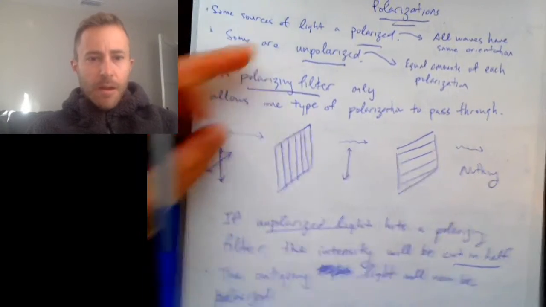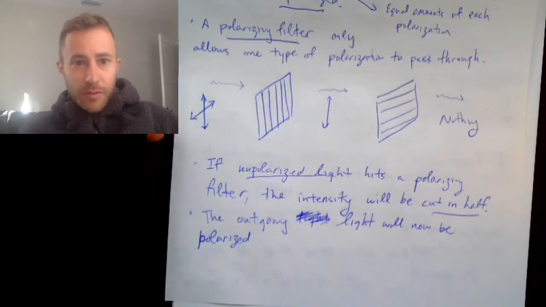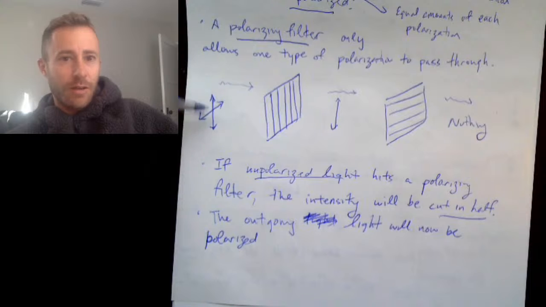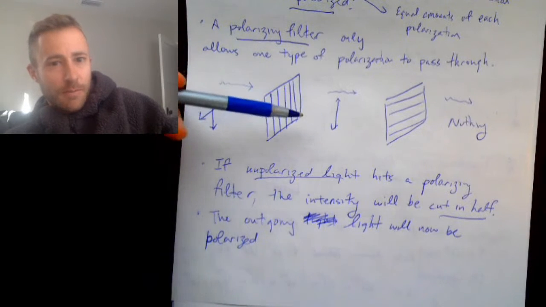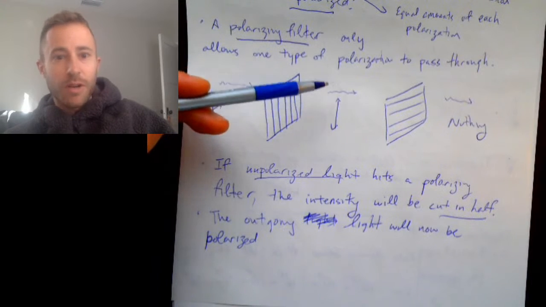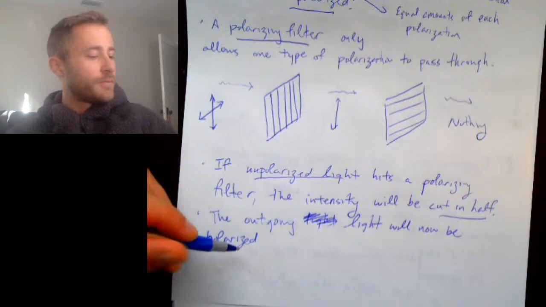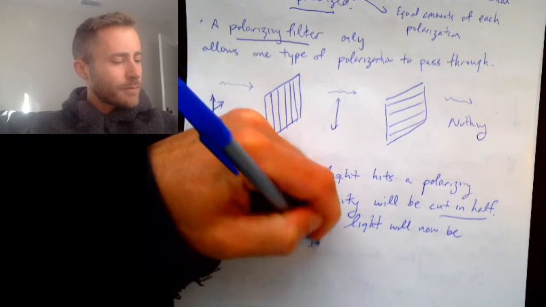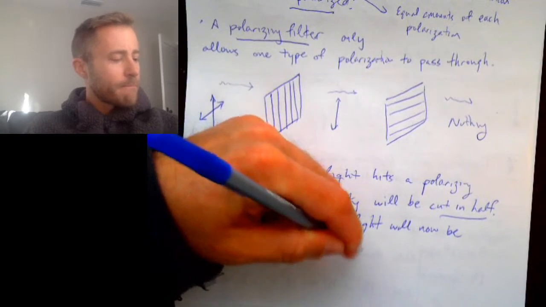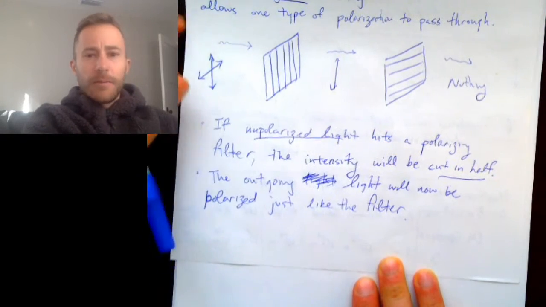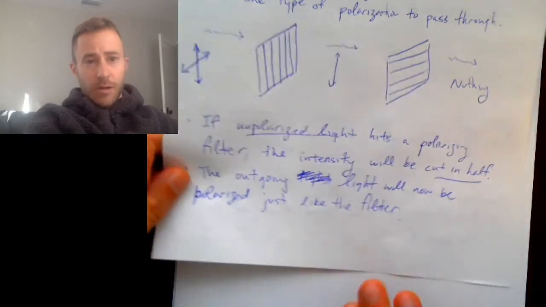Okay, because going into this polarizing filter, we had both up, down, and side to side, and now after the wave comes out, we only have up and down. So now it's polarized up and down. So it's going to be polarized just like the filter. All right. So we're going to do a couple examples.